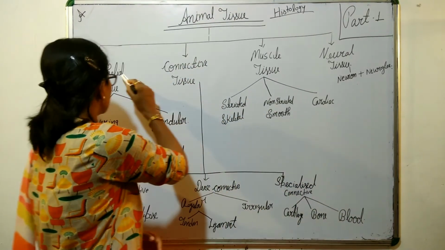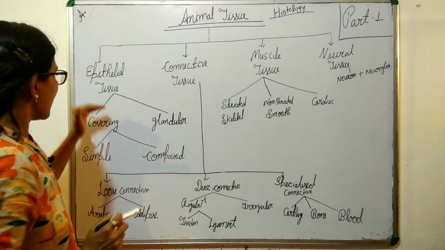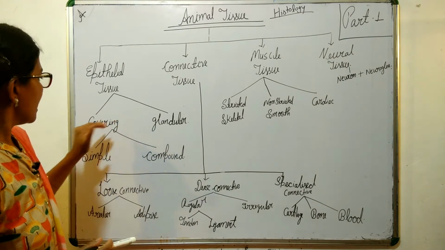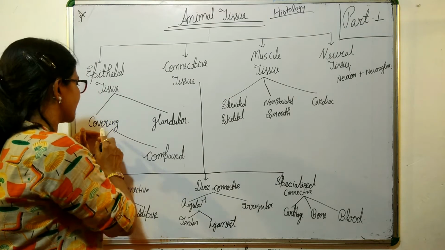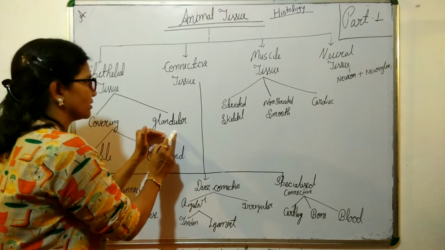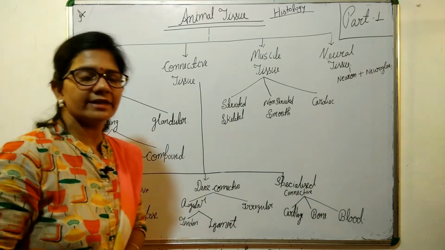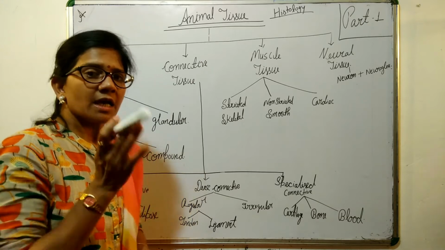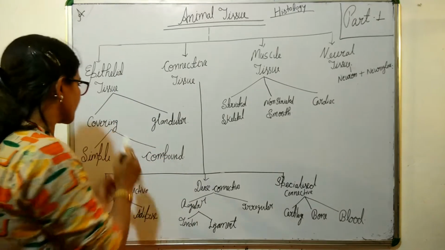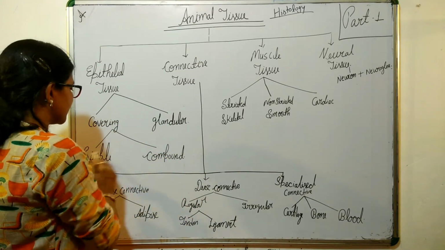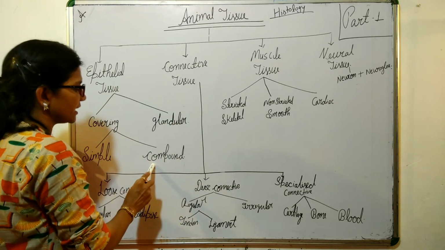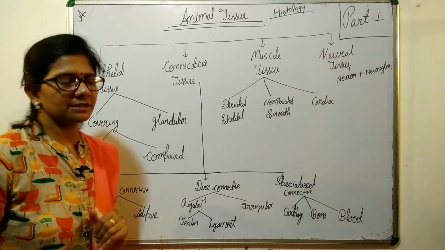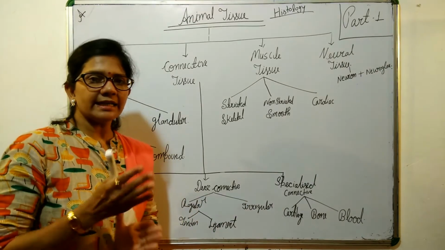Now let's see the epithelial tissue. Epithelial tissues are classified on the basis of their function. They are of two types: covering epithelial tissue and glandular epithelial tissue. Covering epithelial tissues are of two types: simple epithelial tissue and compound epithelial tissue.